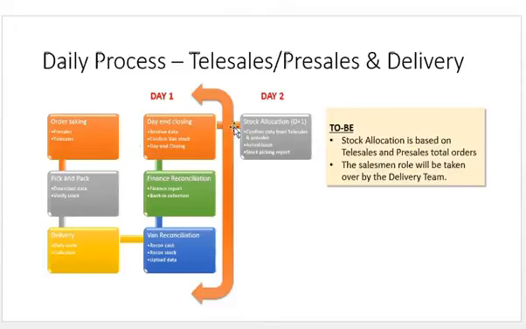The end closing, stock allocation, but another difference here is that when they create the stock allocation, it's not based on forecast anymore, but based on the actual pre-orders coming from the telesales and pre-sales. And once that is created, that's the end of the cycle.